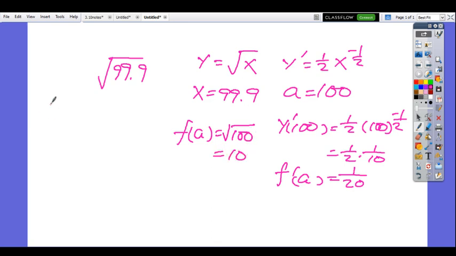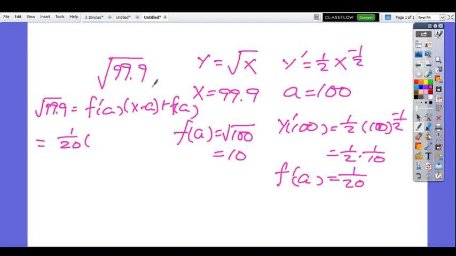Again, using that formula, so square root of 99.9. So this one is going to be approximately the same as f prime of a times x minus a, plus f of a. So using that formula, f prime of a, the one that we found, is 1 over 20. X minus a, 99.9 minus 100, that'll be 0.1, but it's negative.